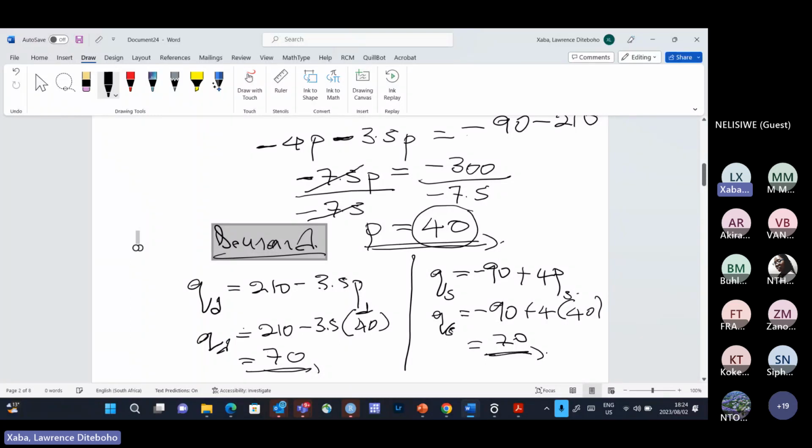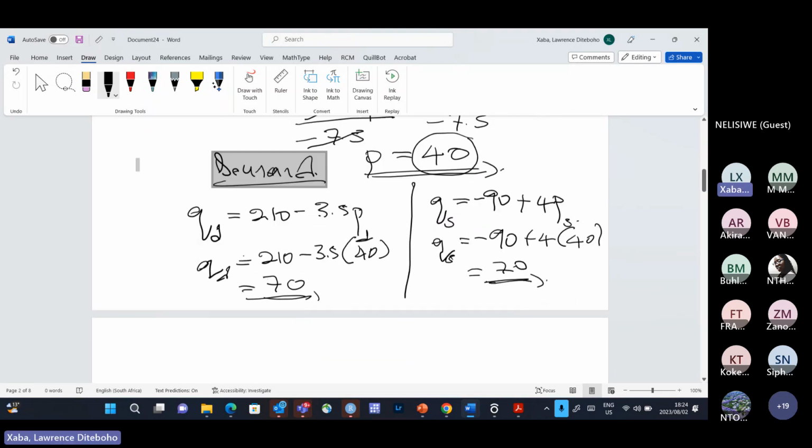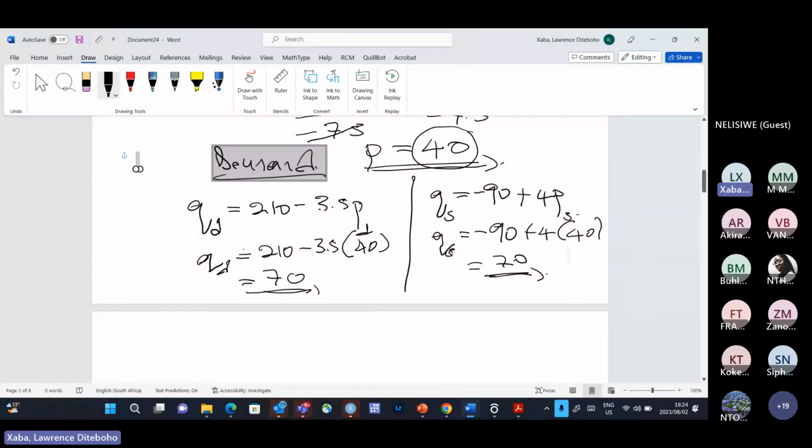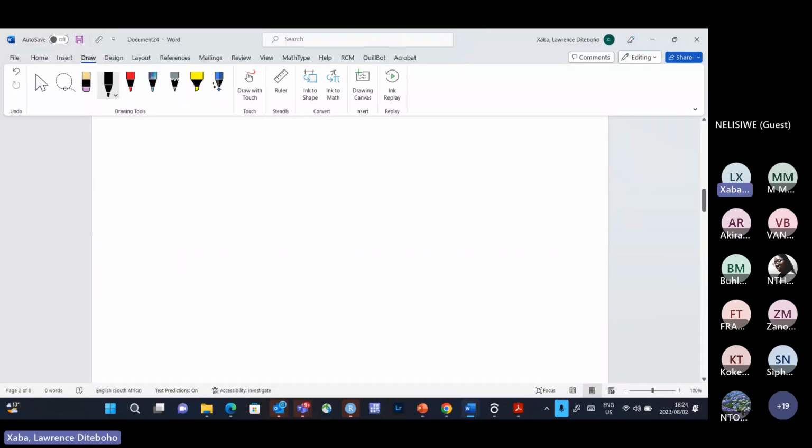So you can see using the same price in these two different equations, the linear demand function and the linear supply function, we have 70 and 70. From here, what do we do? Now we want to see our intercept from the Cartesian plane, so we have to do our graph.